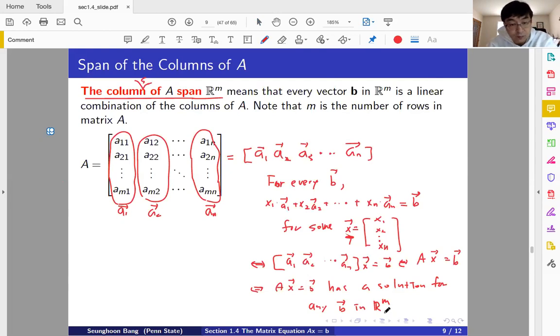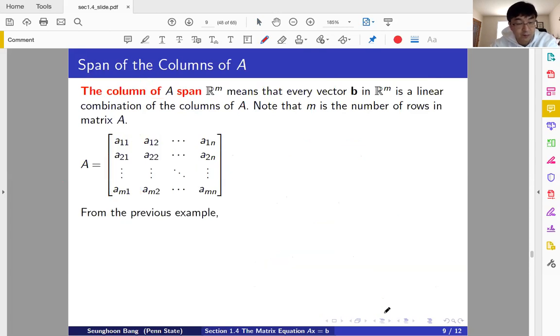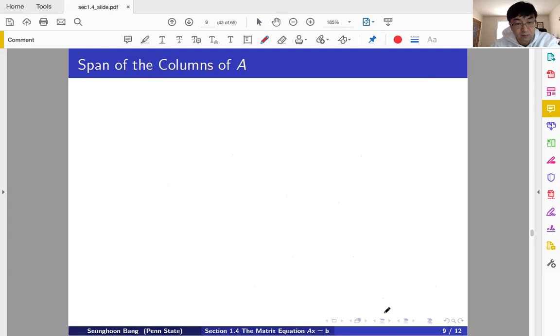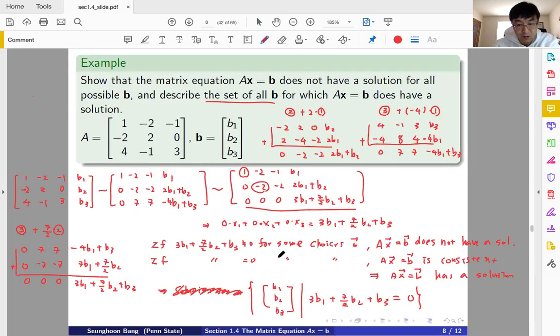So here, from the previous example, the columns of A do not span R3. Why not? Remember, you have to choose some b such that 3b1 plus 7/2 b2 plus b3 is not equal to 0.